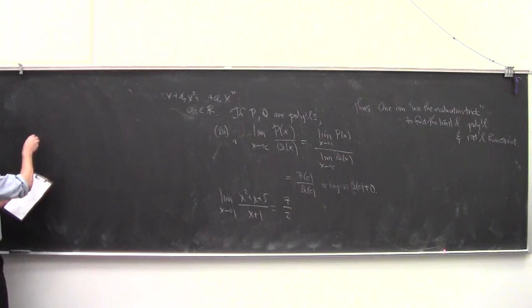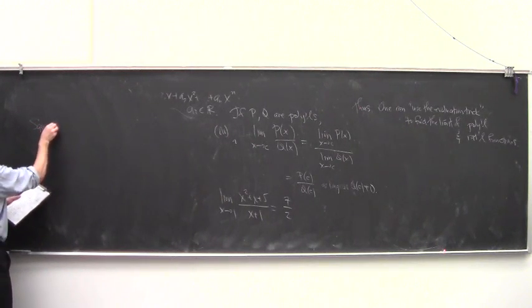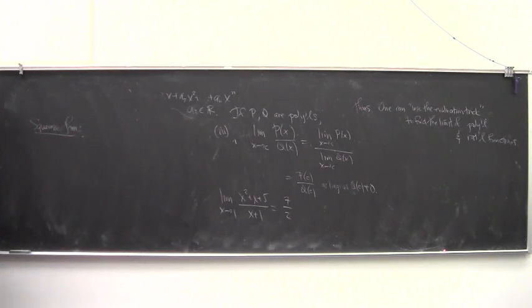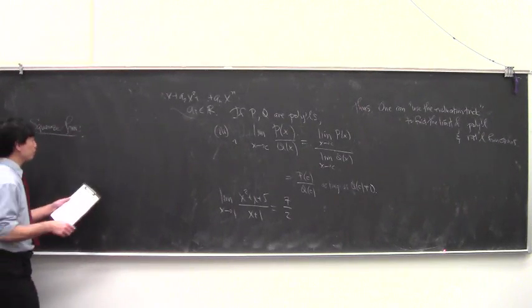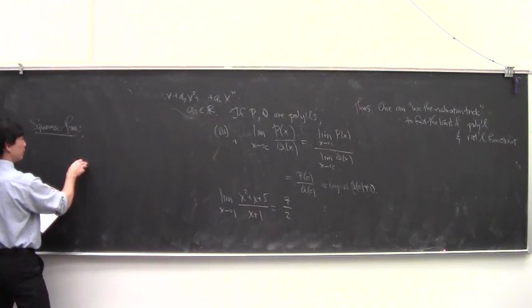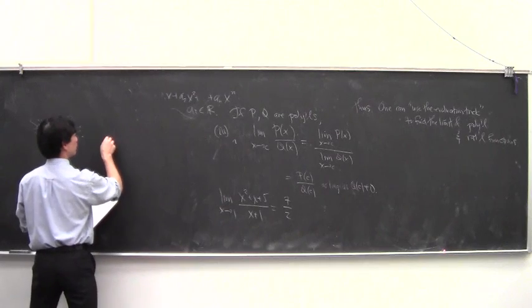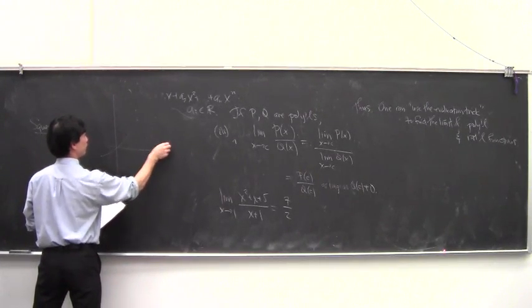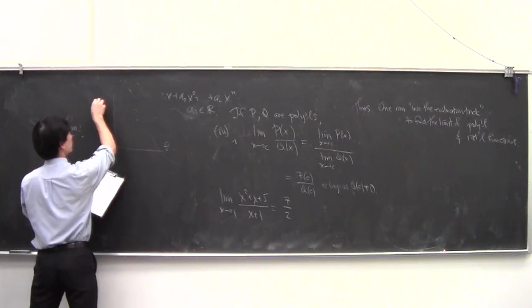Here is something called the squeeze theorem. It will be useful in finding limits that are a little bit more tricky. So here's the picture. You have two functions, f and h.